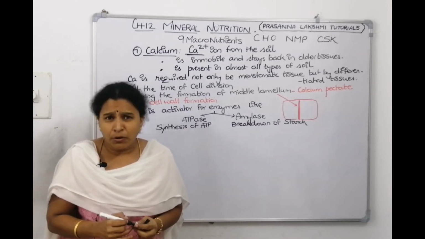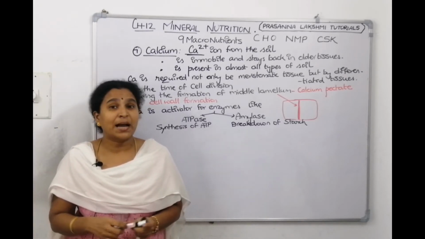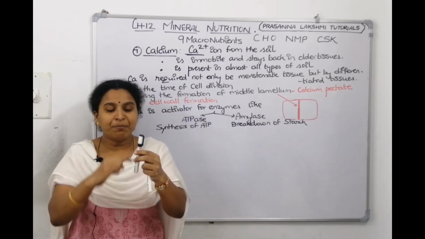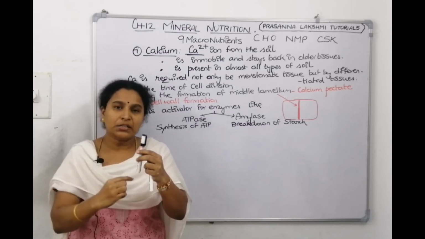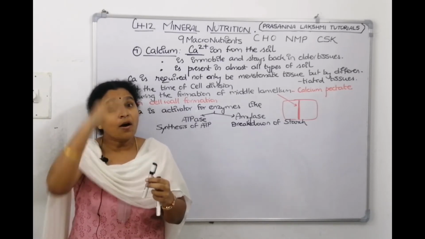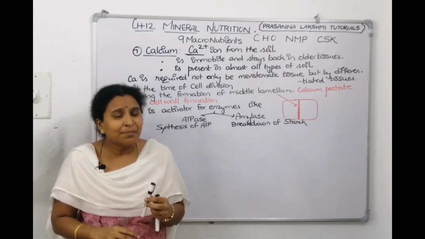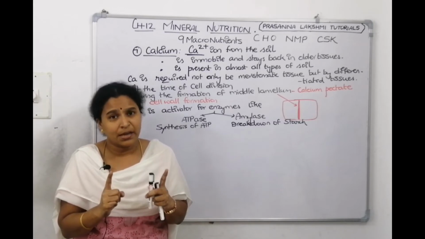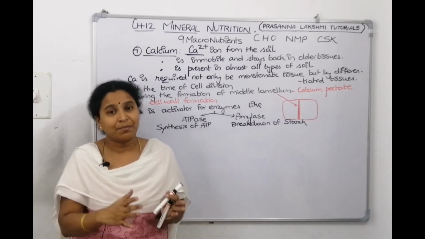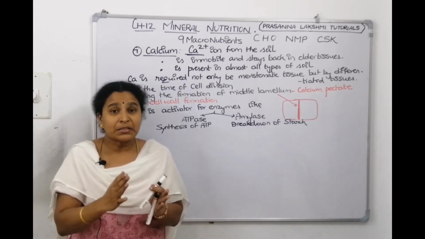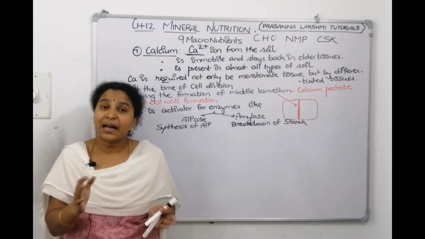And translocation, we studied in transport chapter. Upliftment of water, minerals, food. So long distance transport of nutrients through the xylem and phloem is called translocation. Short distance transport can be by diffusion, can be by cytoplasmic streaming, can be by active transport.